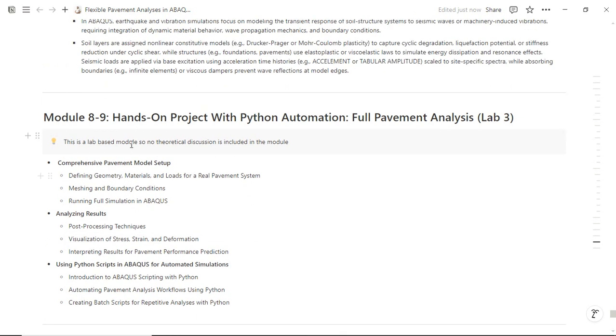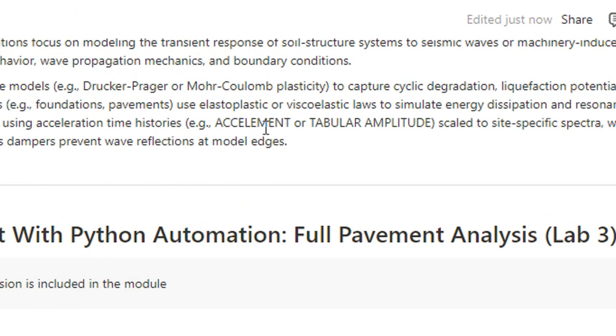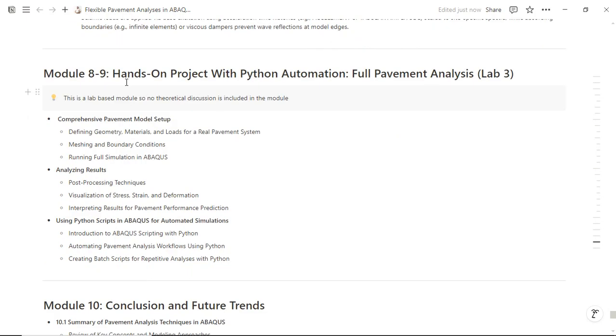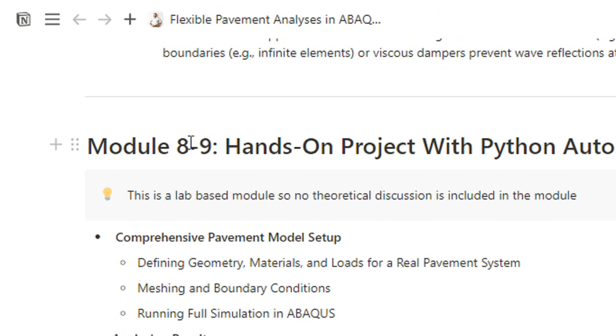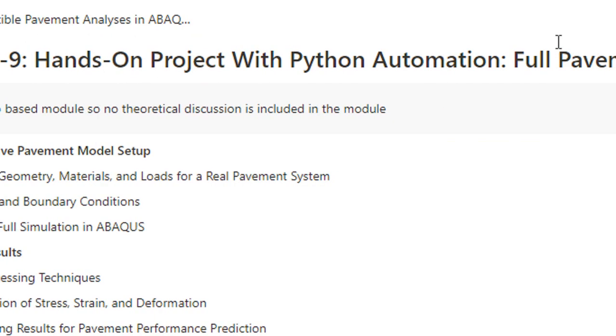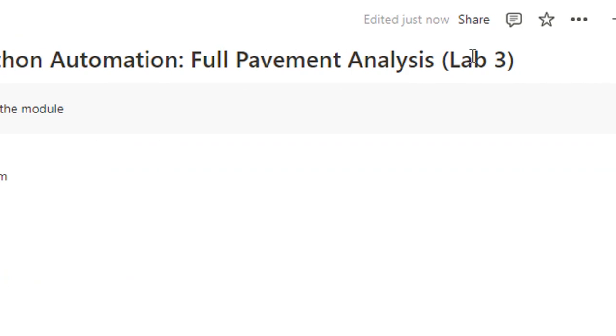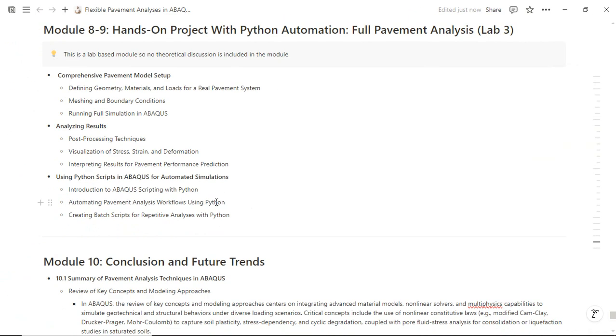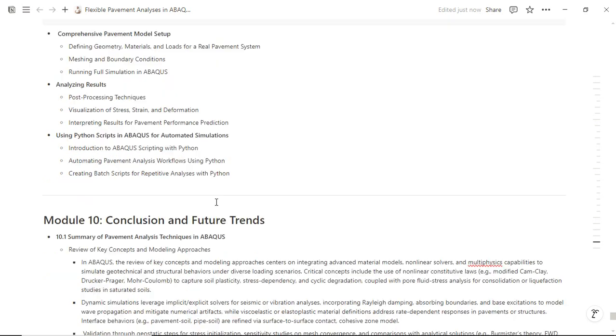I will also discuss the loads, etc., which I have discussed in the previous videos. So it's going to be a detailed project. If you are working on your flexible pavement project and you are doing analysis on your own, you will be able to do that if you follow this lab 3 here, right? I will try to discuss each and every detail in this course.